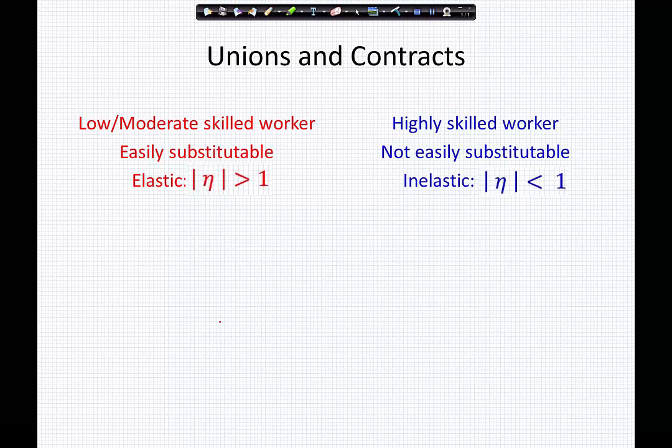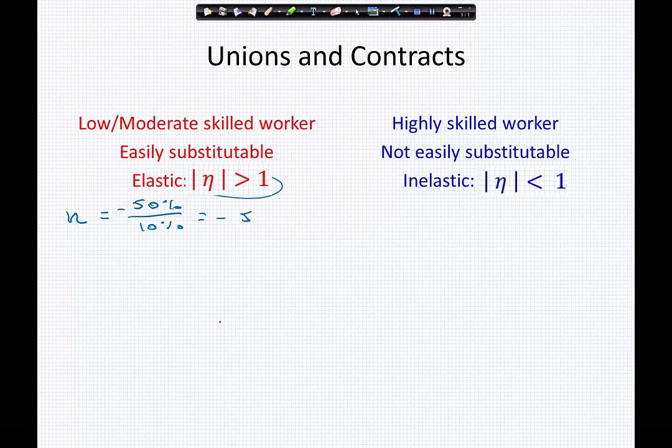So let's say that we are going to look at someone where we have an elasticity for this type of labor where it's equal to, let's say, 50% change in labor given a 10% change in wage. That would be a negative, so this would be equal to -5, which is clearly going to be elastic.